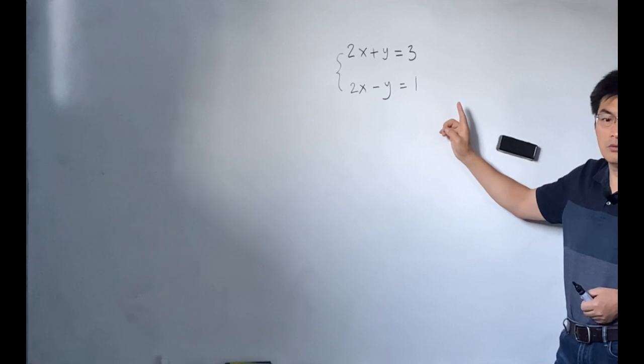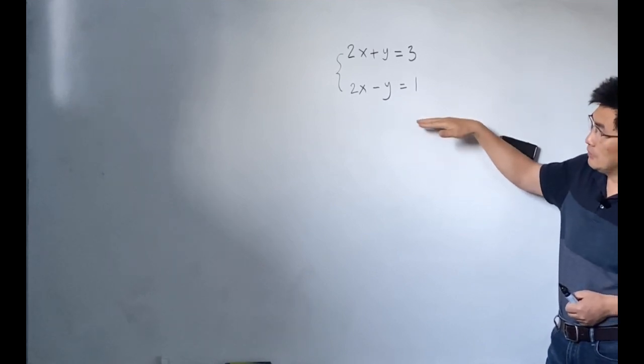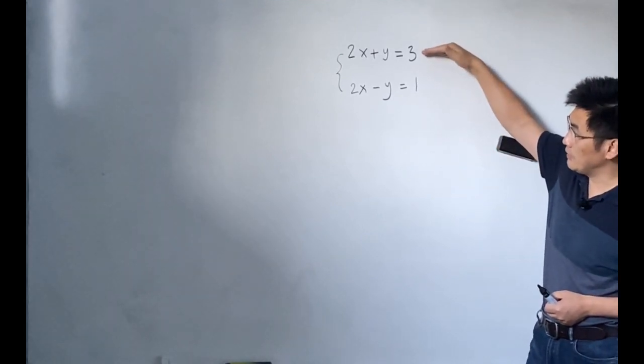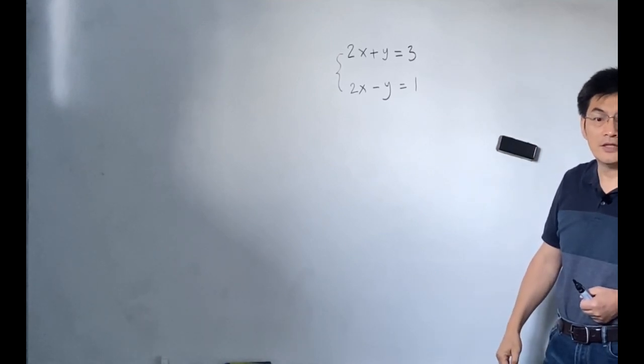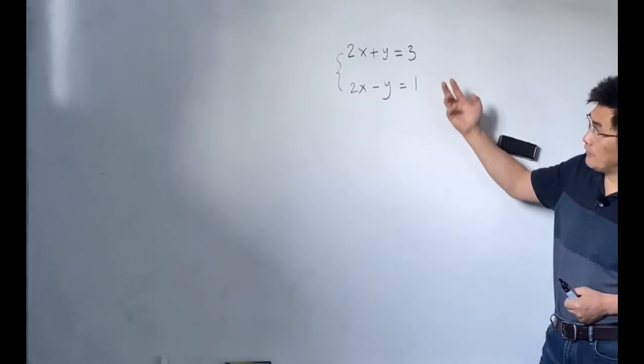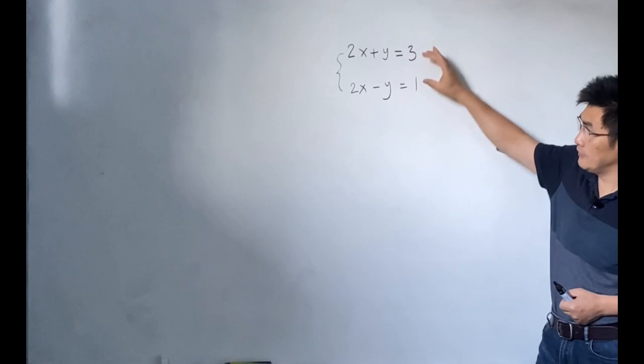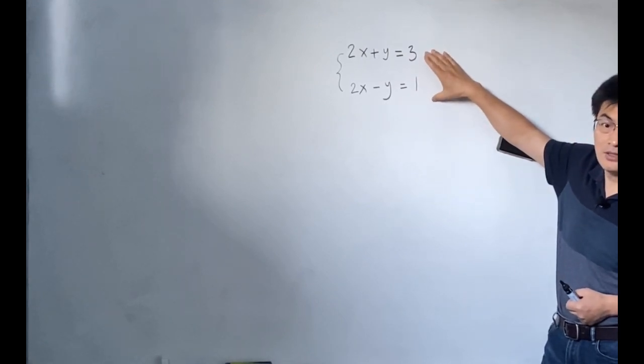Most likely we'll find one solution, and that solution will work for this equation and also work for this equation. Right? If it only works for one equation, that's not a solution for this system of equations. Right? It's got to work for both.